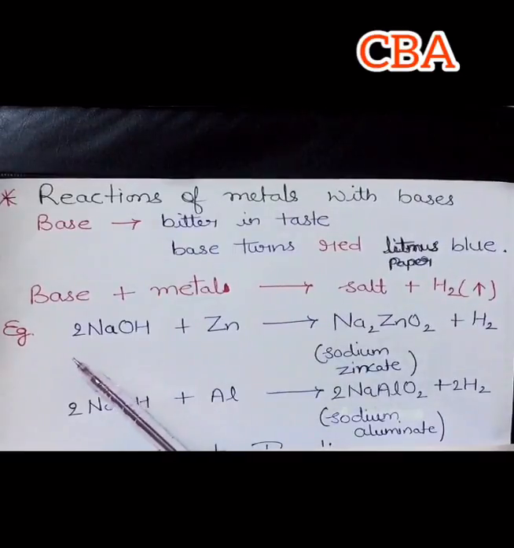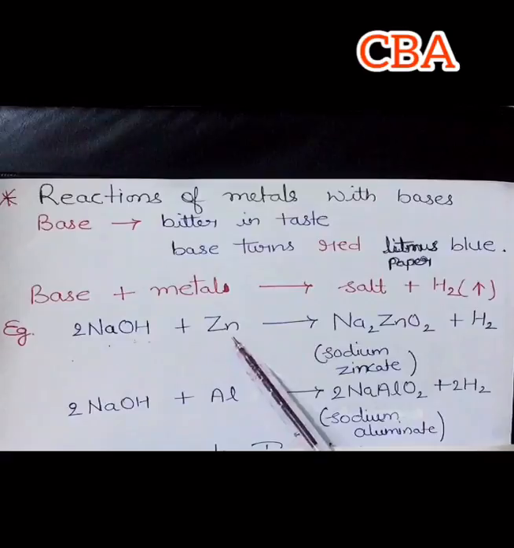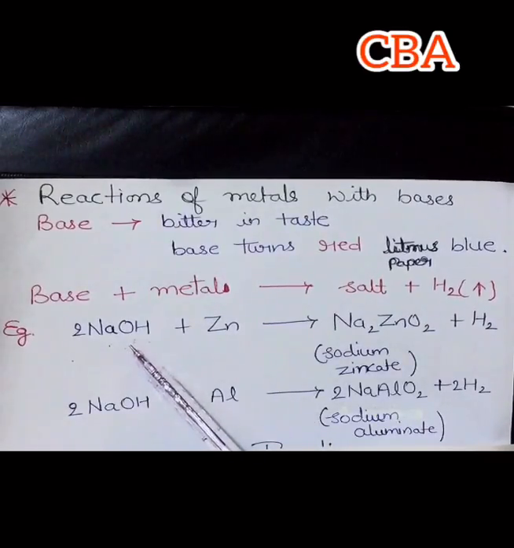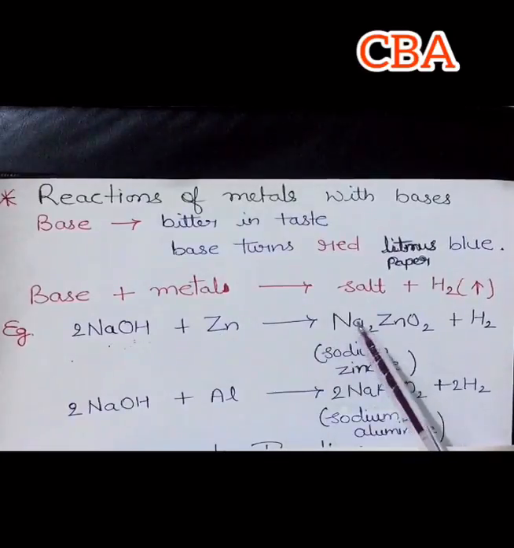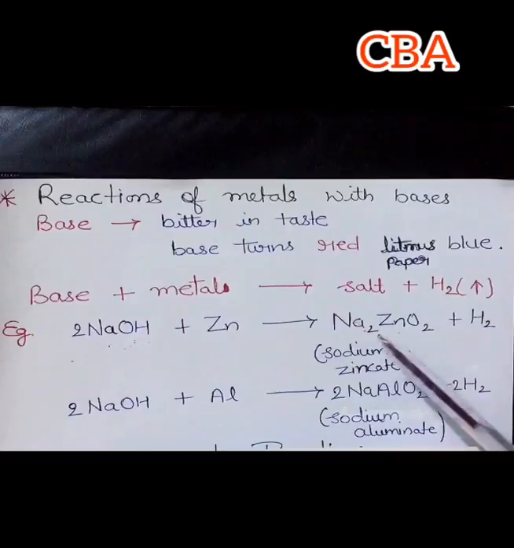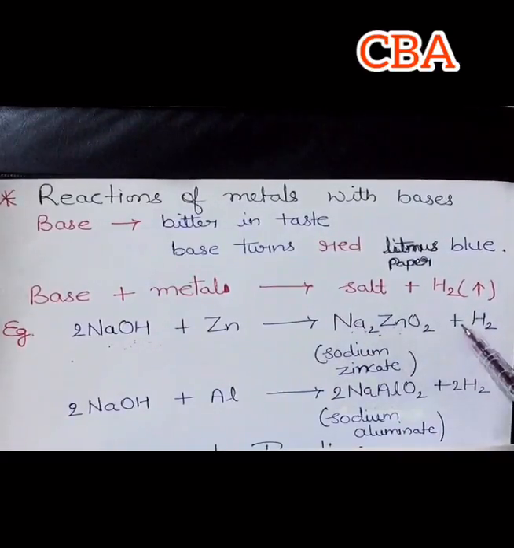If we talk about some examples, sodium hydroxide we are taking and reacting it with zinc. Zinc is reacting with sodium hydroxide, that is a base. When they react, there is a formation of Na2ZnO2, that is sodium zincate. Na stands for sodium, Zn stands for zinc, so that is sodium zincate. Plus here also the hydrogen gas is released.